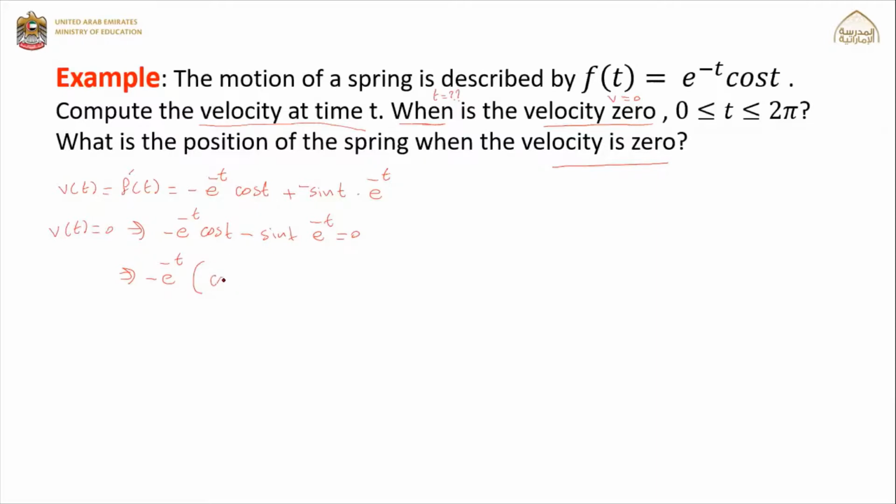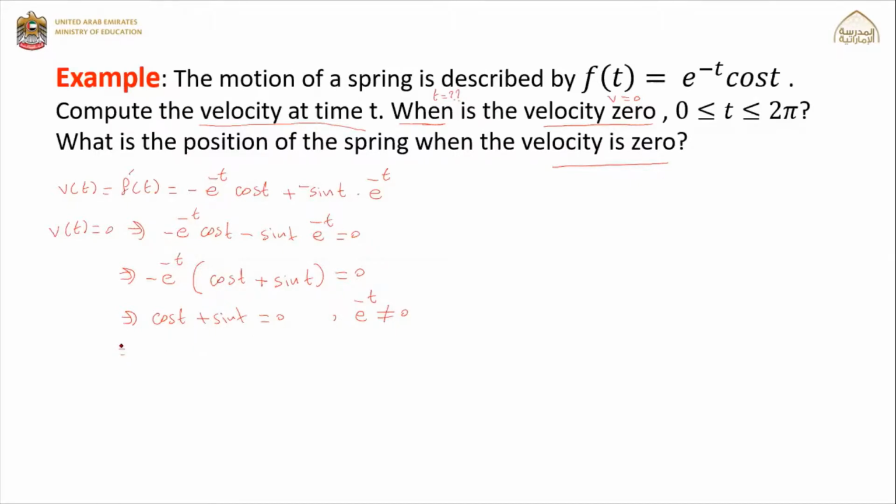I have here cosine t plus sine t equals 0. From this, cosine t plus sine t equals 0 only, because e to the power negative t is never 0. So I will take this one only, cosine t plus sine t equals 0.